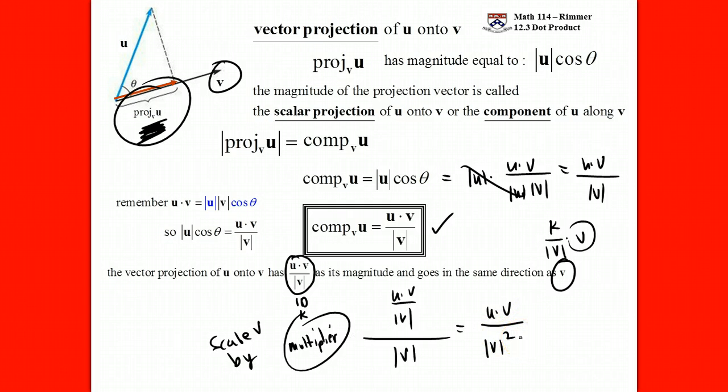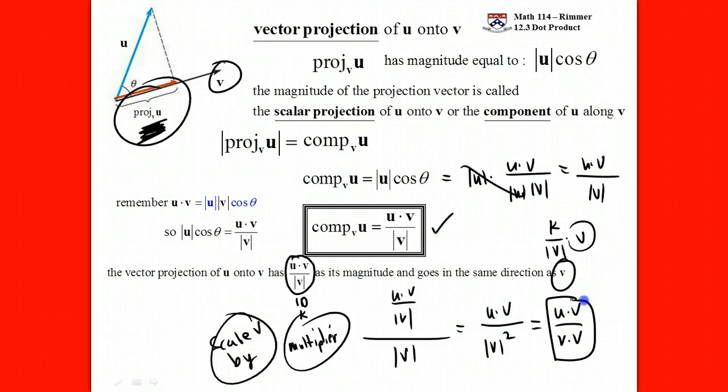But the magnitude of a vector is really the vector dotted with itself. I love doing dot products, and so if I can just make it all dot products, then that's what I would want to do. So here's how you're going to find the vector. That's called the projection vector. This is your multiplier. You're going to scale v by this simple number.